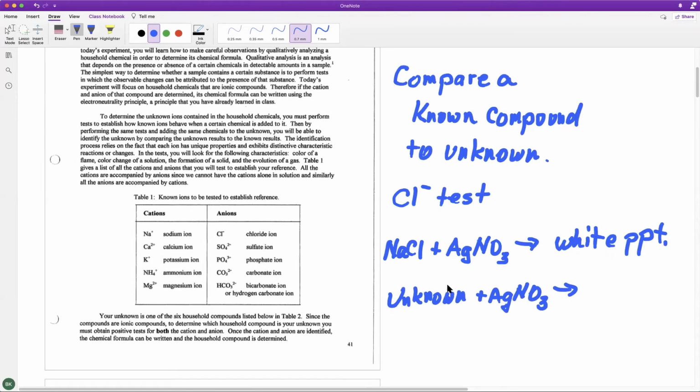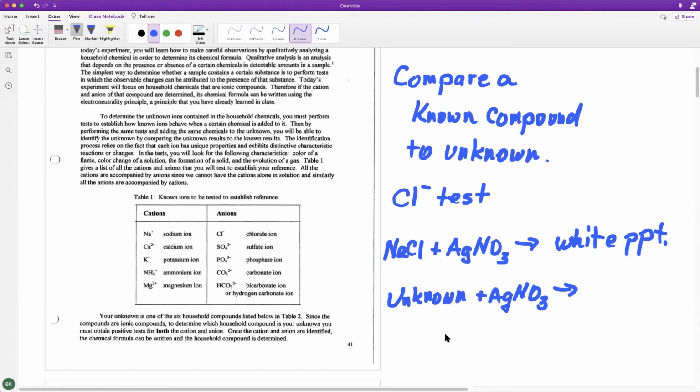And then we're going to take the unknown sample that we don't know. We don't know whether it has chloride ion in it or not. So we'll take that unknown and add silver nitrate to it. If we get no precipitate or we get something different, then we know that the chloride ion, which would give us a white precipitate, is not in our unknown solution.